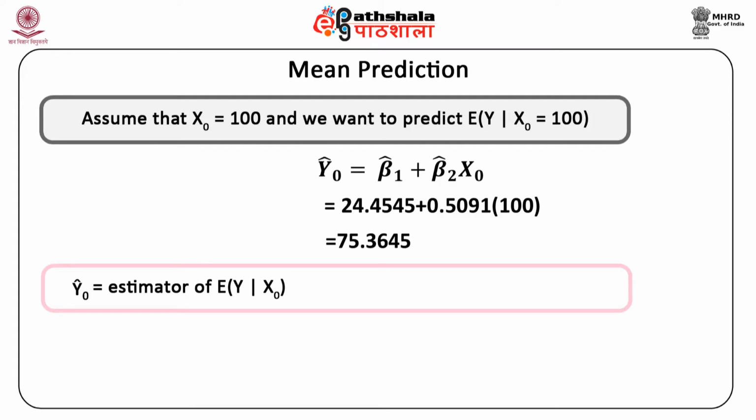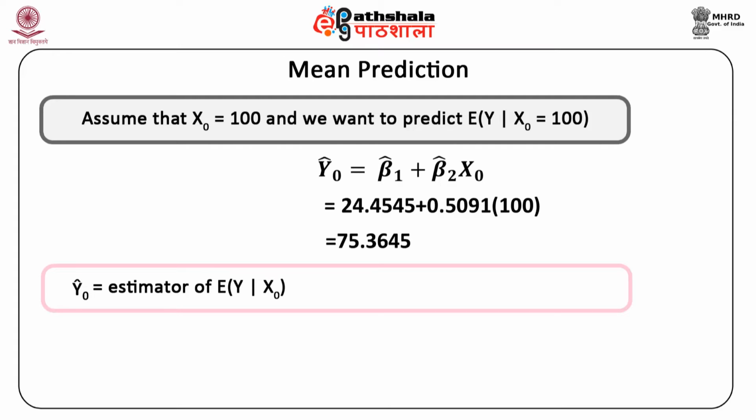Now since y0 hat is an estimator, it is likely to be different from its true value. The difference between the two values will give some idea about the prediction or forecast error.